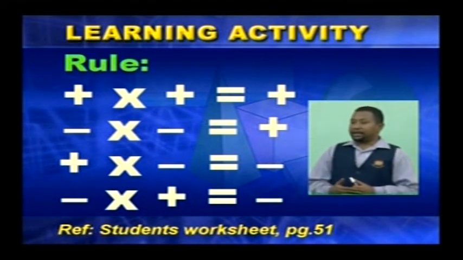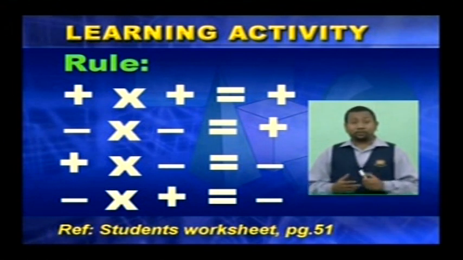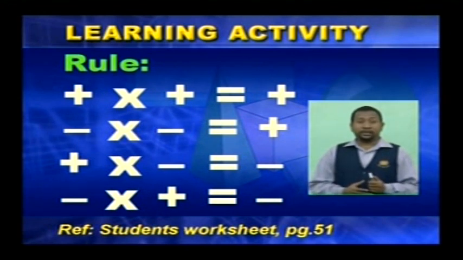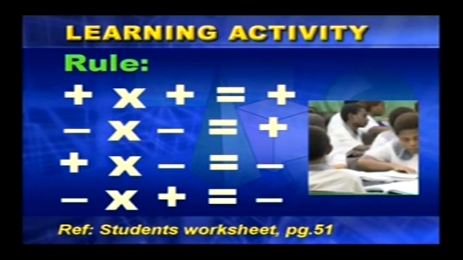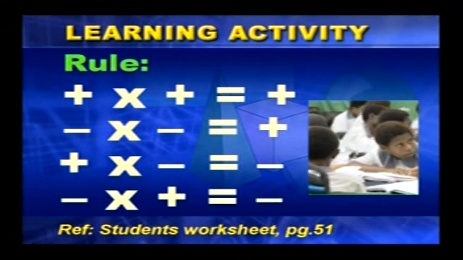When you are multiplying a positive integer and a negative integer, the answer is always negative. And finally, when you are multiplying a negative integer and a positive integer, the answer is always negative again. 7Es and receiving students, please take note of the rules of multiplying integers. Receiving teacher, you can also take note of the rules for the students.